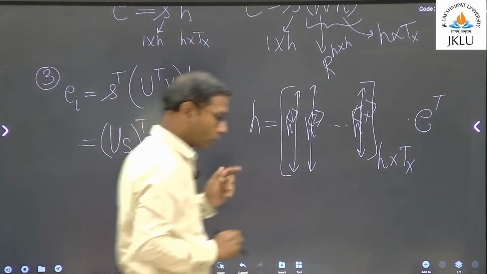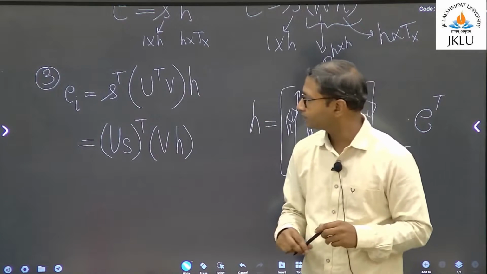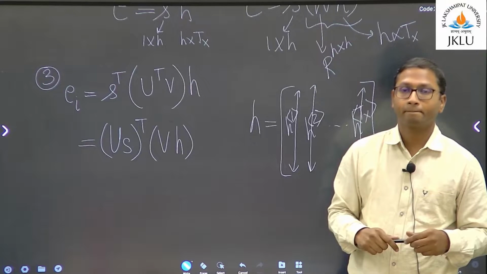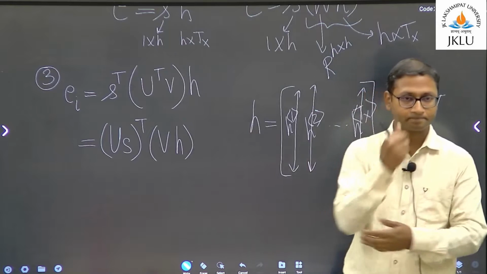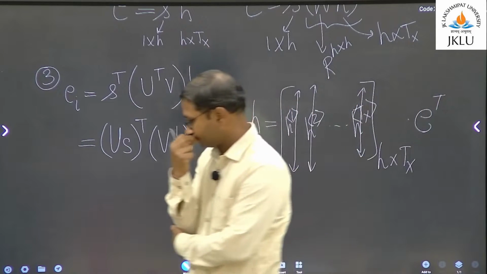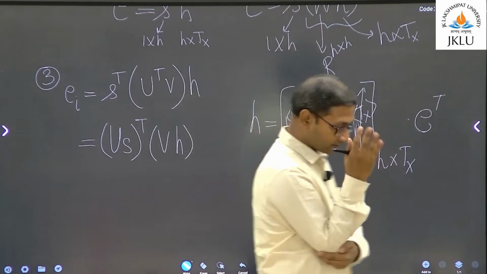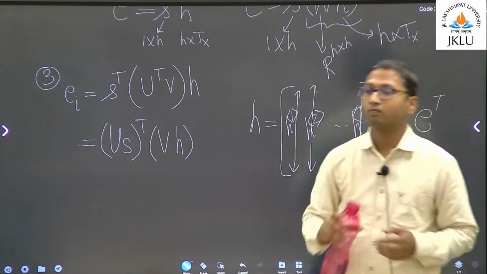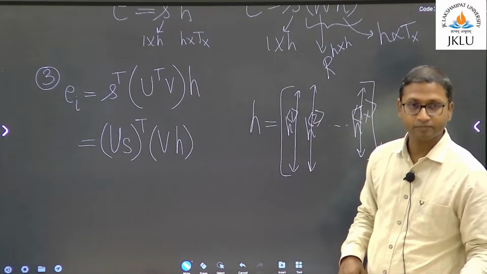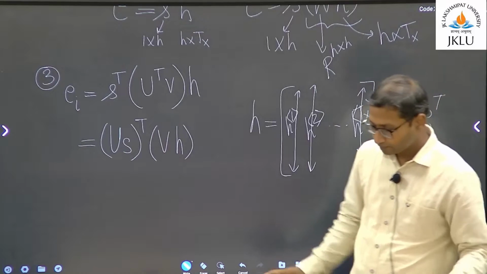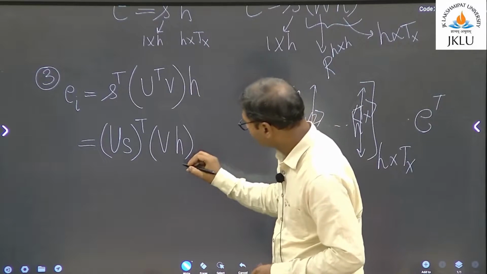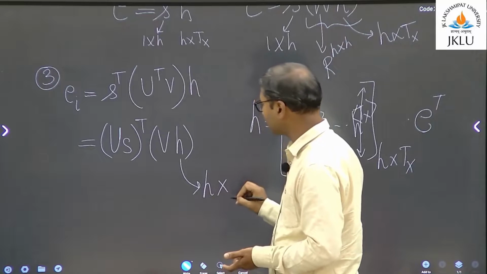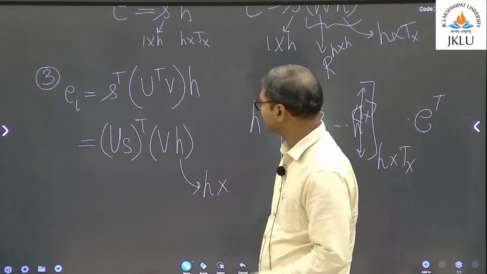This is the third one. Now what is special with this guy? What is special with this guy? Give me the dimensions of all the vectors. See, this I don't really need to talk about. What is this? H cross Tx.